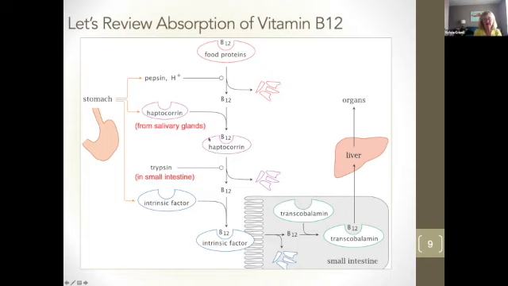Now, imagine this is B12. It's in the early part of the small intestine, the duodenum. So it's by itself again. From the stomach, in a healthy situation, we had already also produced intrinsic factor.